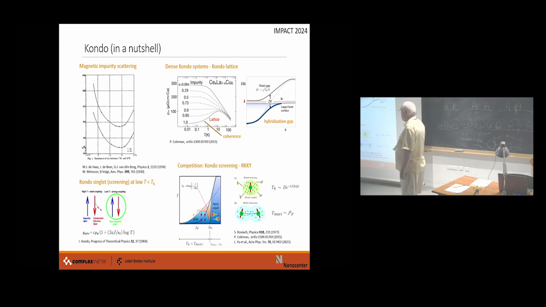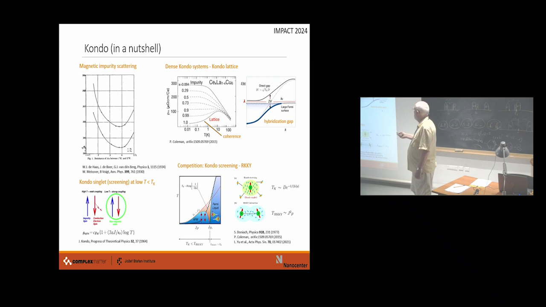Of course, this does not diverge at low temperature, but with much more complicated theoretical consideration, one can find out that at zero temperature, conducting electrons actually form a singlet state with the impurity, leading to saturation of this increase at low temperature. This is true for the very dilute case.